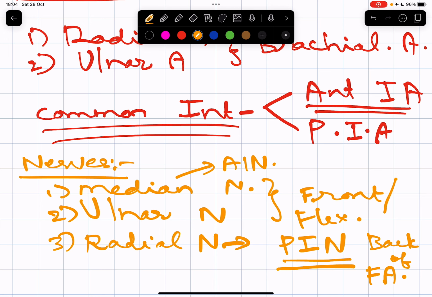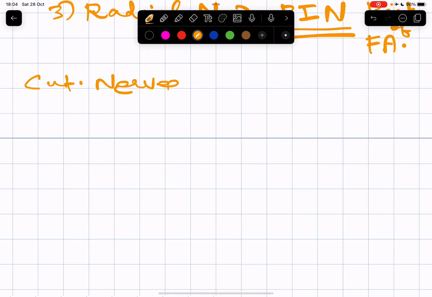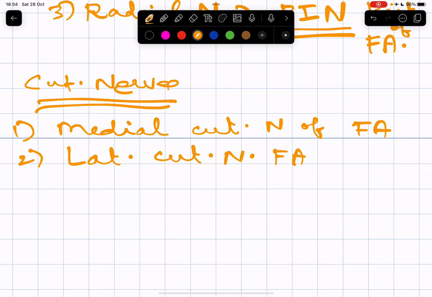For cutaneous innervation, the cutaneous nerves of the forearm that supply the skin of the forearm are these. We have the medial cutaneous nerve of forearm, the lateral cutaneous nerve of forearm, and the posterior cutaneous nerve of forearm.